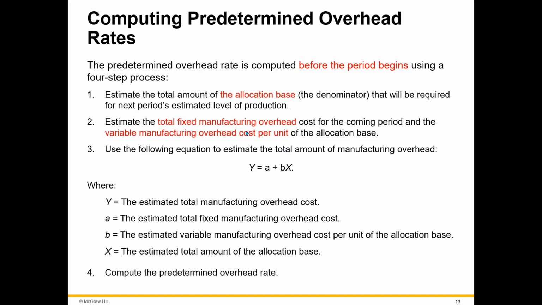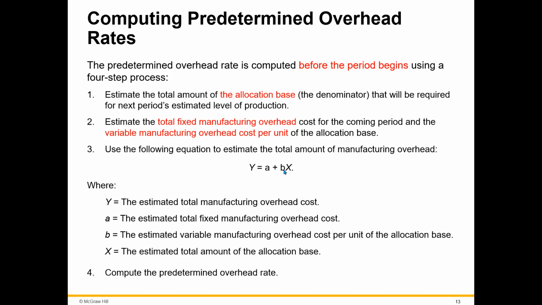Be careful, the rate or cost per unit. This unit is not the production unit. Be careful, it is the unit of your allocation base, like per direct labor hour. So per direct labor hour, how much is the utility expense?